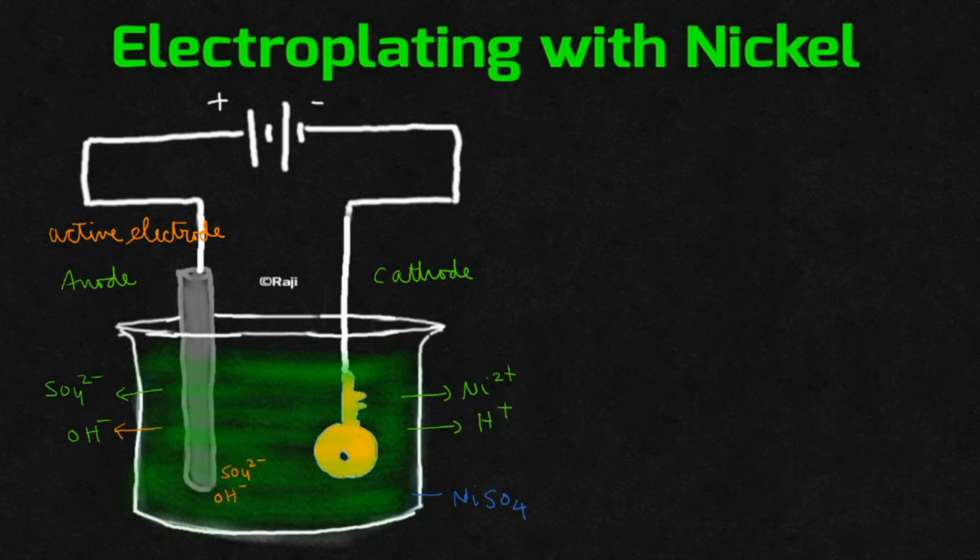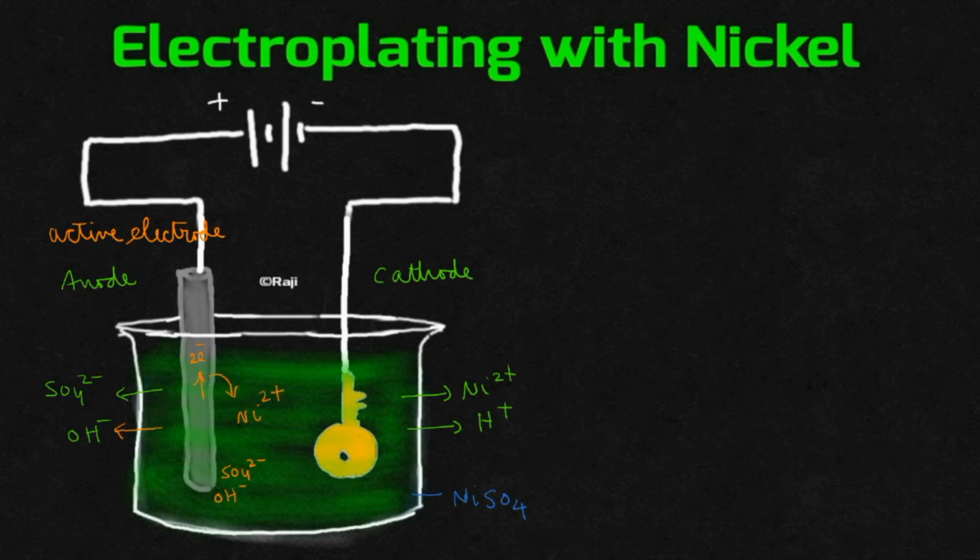What is the reason? Whenever an active metal is connected to the positive terminal of a battery, this metal has more tendency to give away electrons compared to these anions. Metals are always electron donors. So nickel will give away 2 electrons and come into the solution as Ni2+ ion.